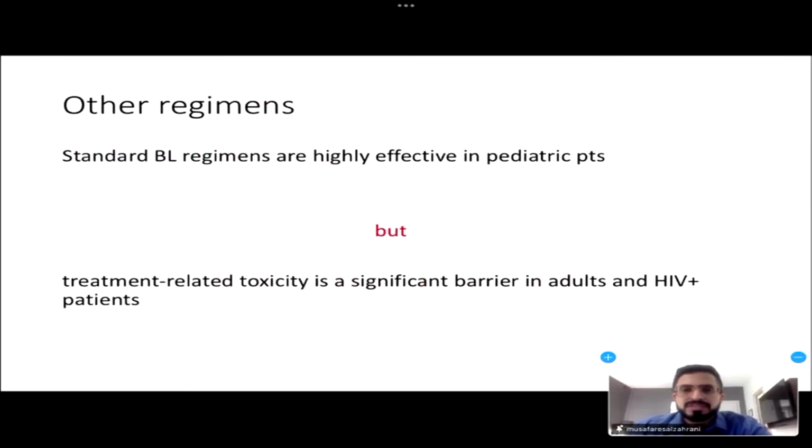The other regimens, as we mentioned before, were quite highly effective in the pediatric literature. However, their use in adults was associated with increased treatment-related toxicity, especially in patients with HIV positivity.